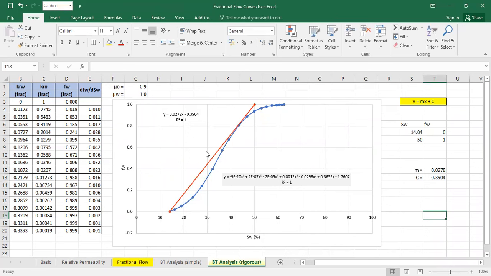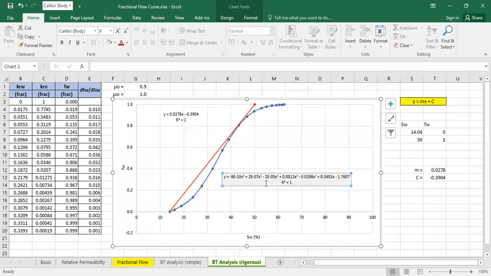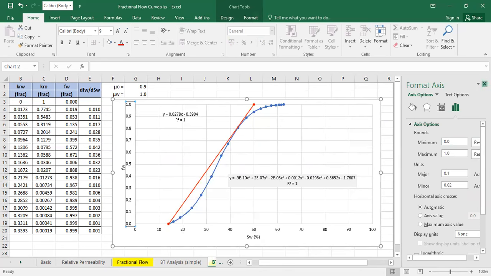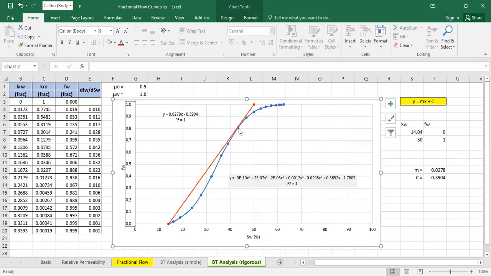So this is good. We have two equations, this one and that one. So when they meet together, the value must be the same. I want to change it back to 0. So at this intersection between the two curves, the value of this equation and this equation should be the same.